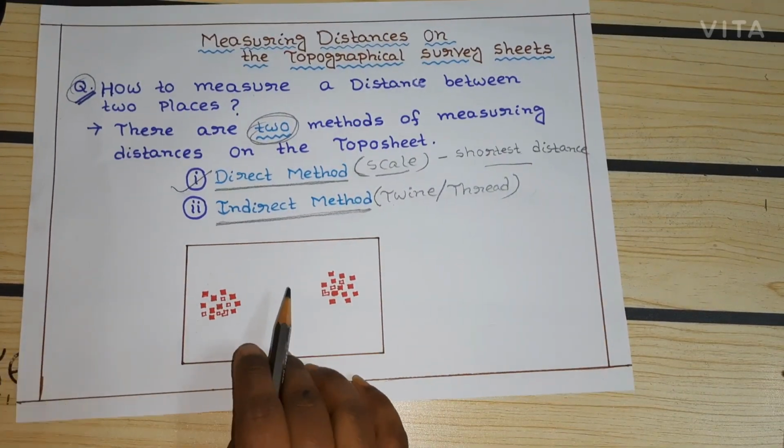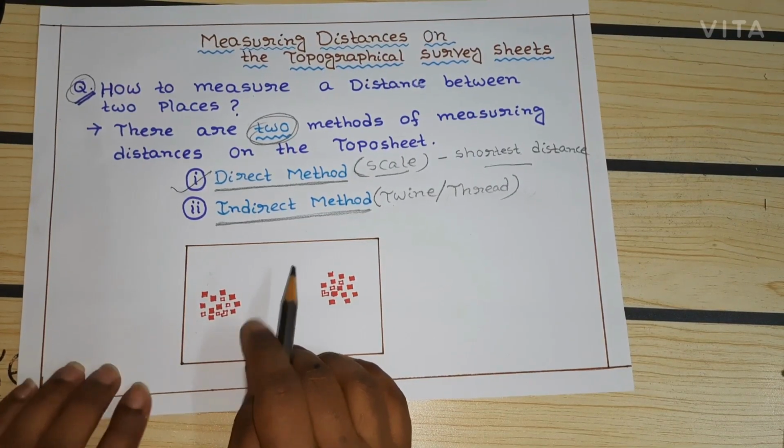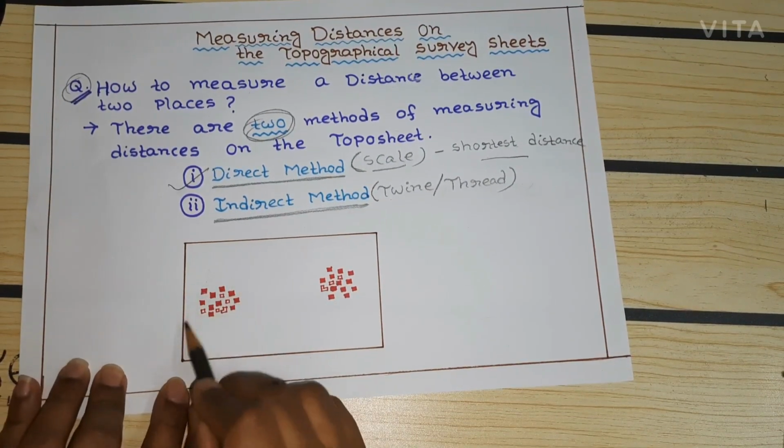Okay, so for this method two settlements will be given.